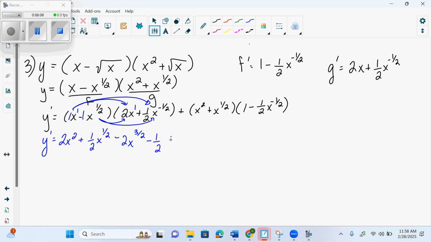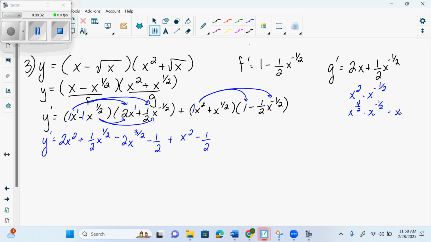Okay. Then plus x squared times 1 is x squared. x squared times negative a half x to the negative a half. So this is going to be 1 times negative a half is negative a half. x to the 2 times x to the negative a half. We have to make common denominator, right? So we could go x to the 4 over 2 times x to the negative a half.